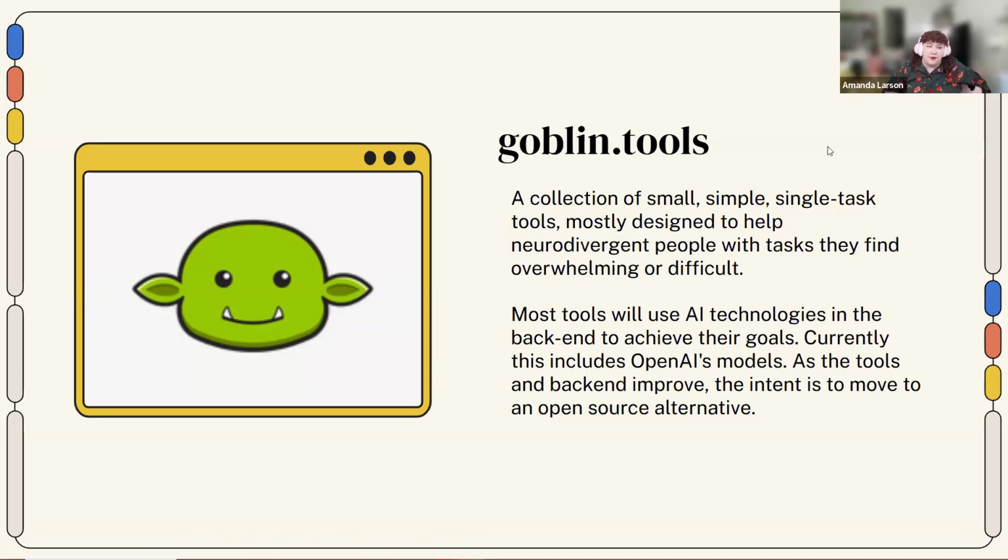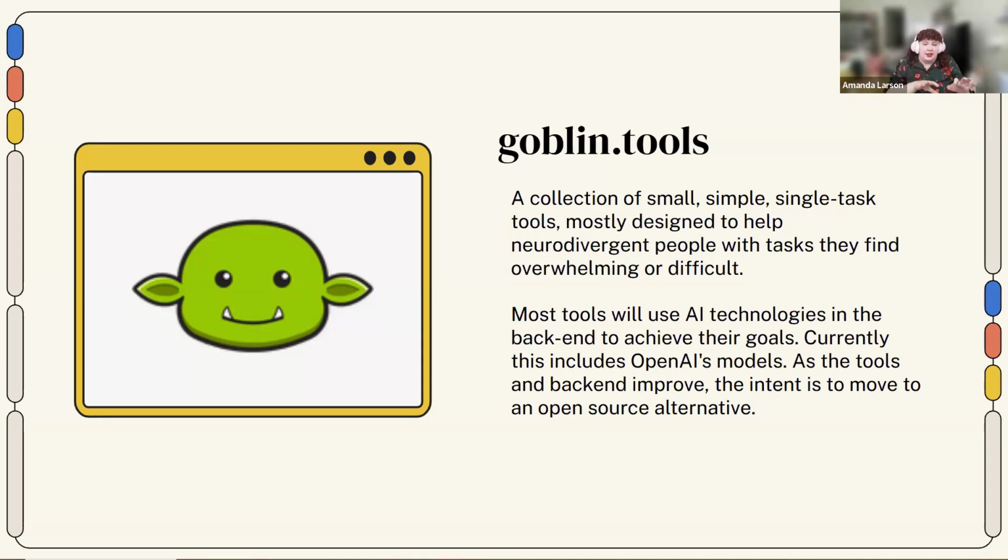Goblin Tools is fantastic. The one way that I can think about in which it would be really helpful in library sessions is with the magic to do task, where this can help them brainstorm. So say they need to write a research paper on a topic, but they don't know how to break it down.